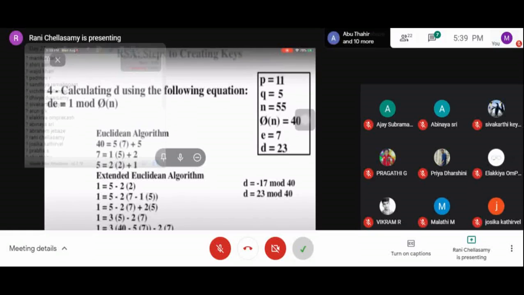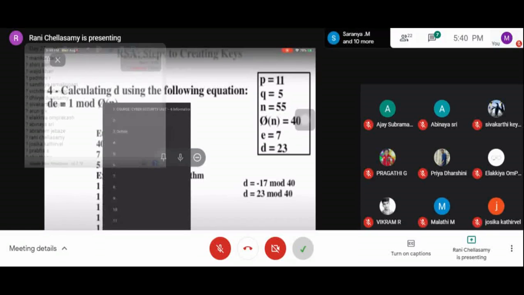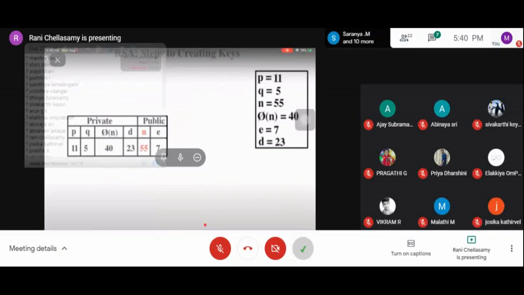Up to this, you have applied the extended Euclidean algorithm. So you will get the d value as d equals minus 17. See here the last step, 1 equals 3 of 40 minus 17 into 7. Now we have two original values, that is 40 and 7.